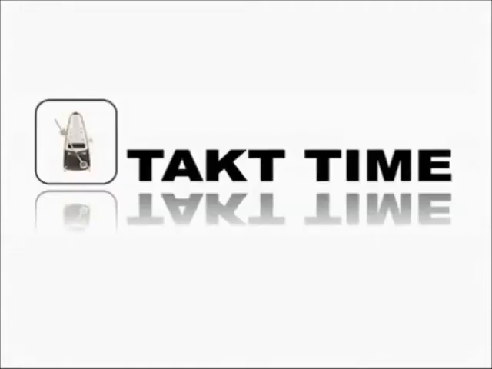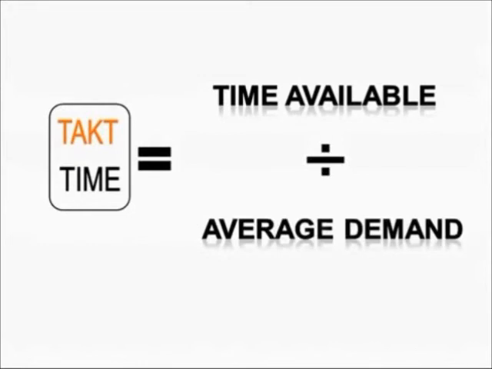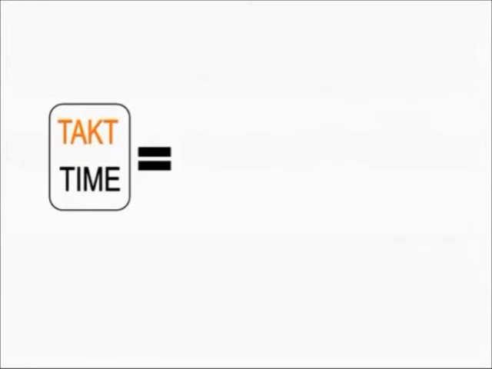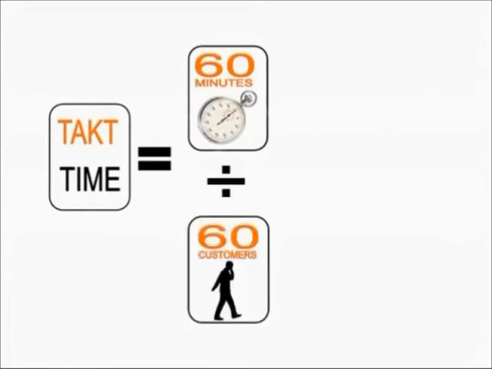So after all your hard work so far, I suppose I better reveal to you the secret of how to calculate the takt time. It's really quite simple. It's the time available to do the work during a given time period divided by the demand on the process during the same time period. So in the Lean Cafe example, Andrea and George have 60 minutes available to work on their tasks, and they have 60 customers worth of demand during that same period.